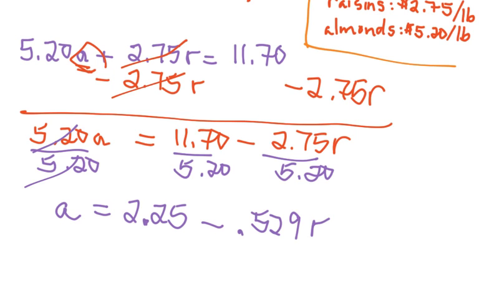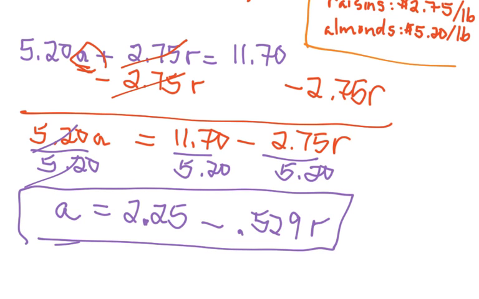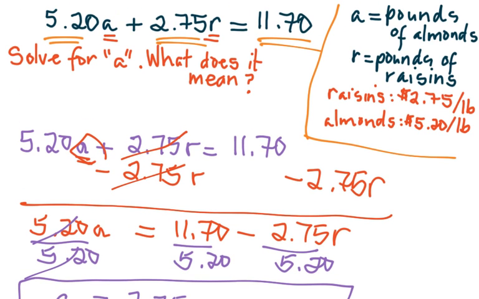Now, it says, here's A. There it is right there. I have no idea what the value is, meaning I didn't get a number for it. All I did was I know that A represents that. If I look back at my question, it says solve for A, and then what does it mean? It means that if I'm going to solve for A, I want to know how many pounds of almonds I bought.